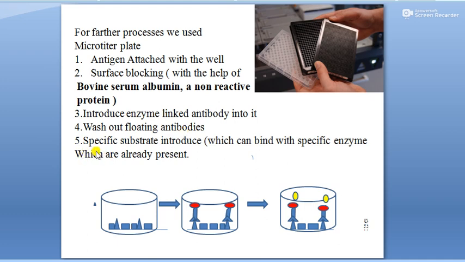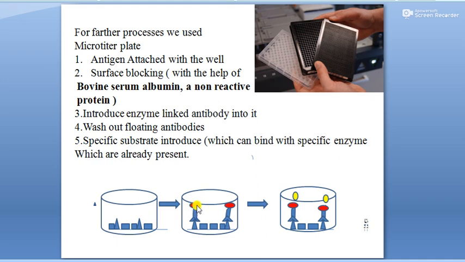Next, the 5th step, specific substrate is introduced, which can bind with the specific enzymes which are already present in the enzyme linked antibody. Here you can see in these pictures there are triangle like shapes, which are the antigen, specific types of antigens. After that there is an enzyme linked antibody.